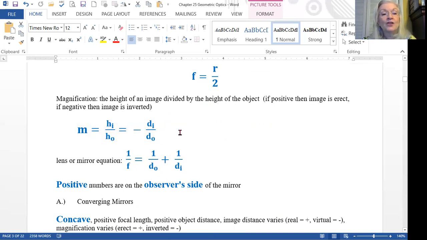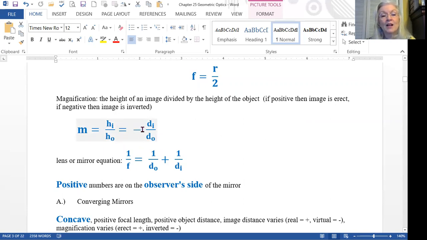HI is the image height, HO is the object height, DI is the image distance, DO is the object distance.